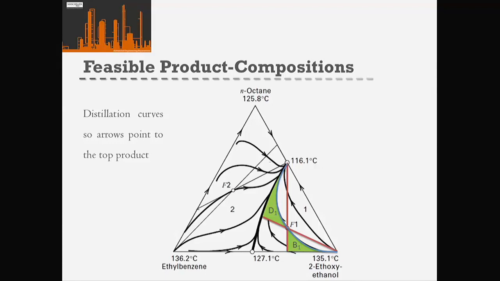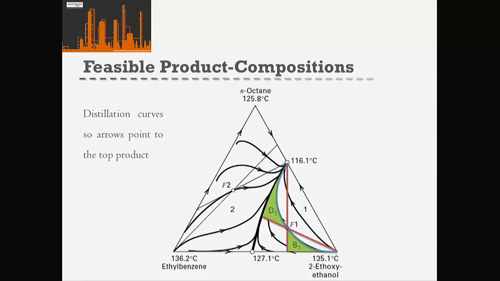So it backs up what I said before, we can't cross distillation boundaries. There's essentially no change in the vapor-liquid equilibrium in this direction, so there's no ability to drive you across, and all our distillation curves swing round and follow this.